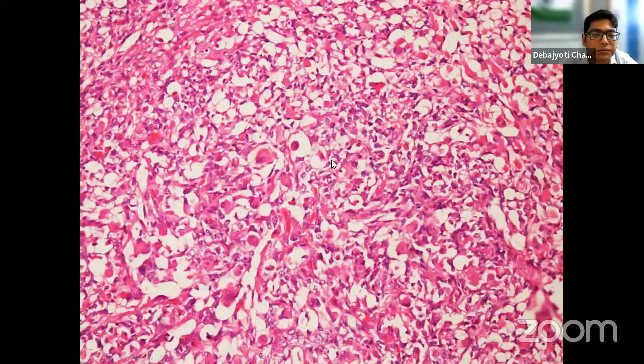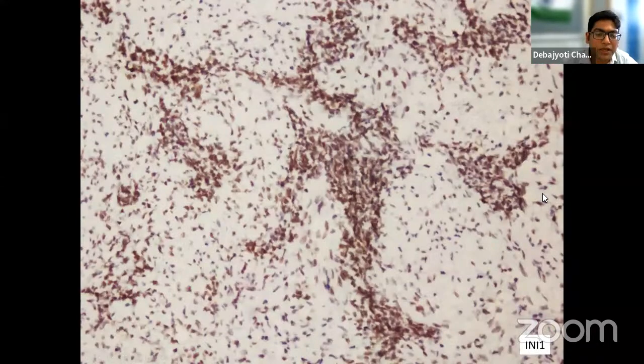So now what are we dealing with? Again, we did INI1 to rule out ATRT. We can see here both these components, the undifferentiated component and the other component showing abundant eosinophilic cytoplasm, are INI1 positive, so virtually excluding ATRT.